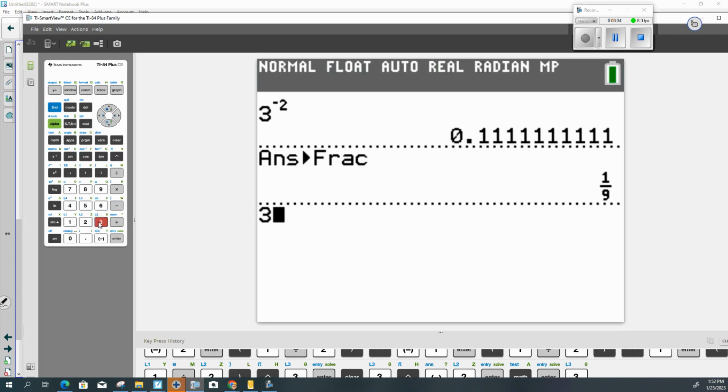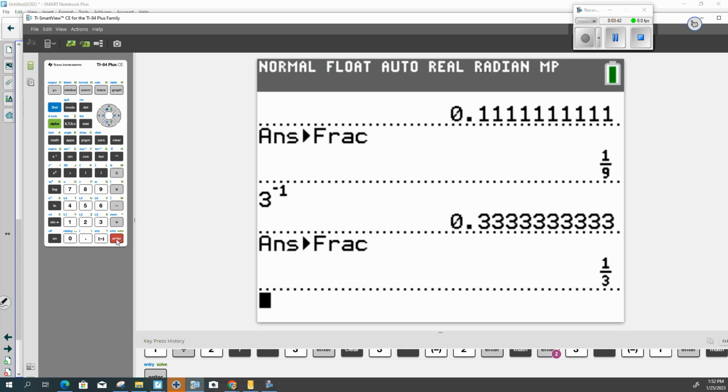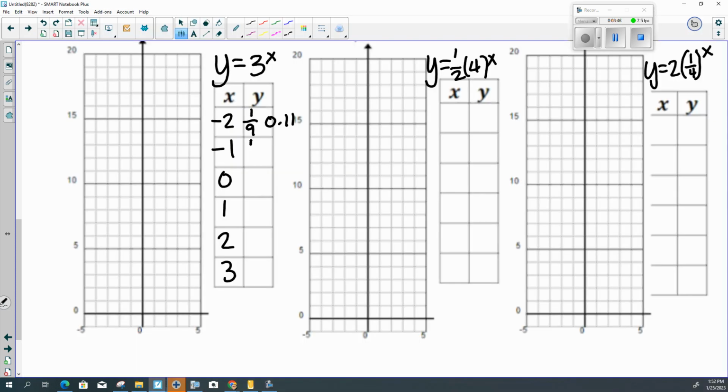So this one is 3 to the power of -1. Like 0.3 repeating, or if you want it in fraction form, it's 1/3. I like to do the one with 0 in my head. Max, what is 3 to the power of 0? 1.